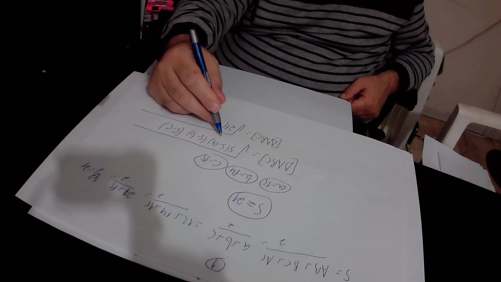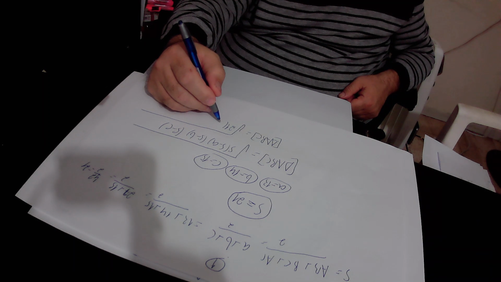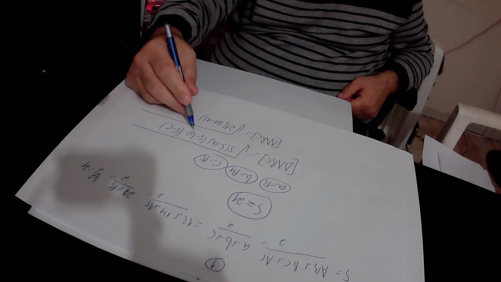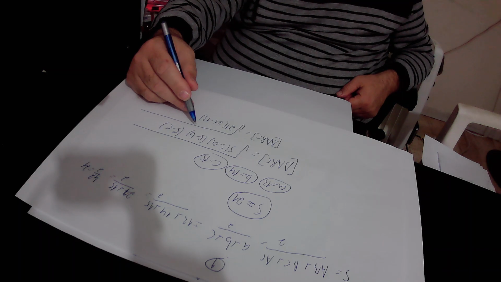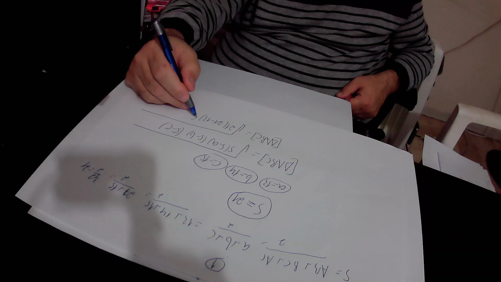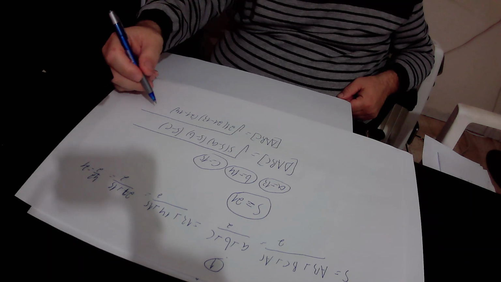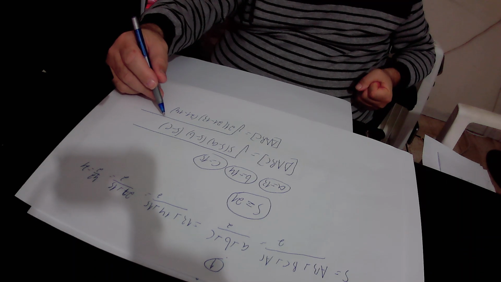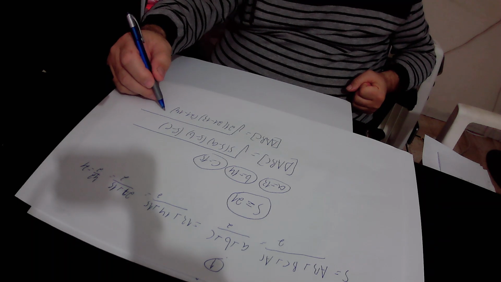Again, S is 21 and A is 13, so S minus A is 21 minus 13, times S minus B. S is 21 and B is 14, so S minus B is 21 minus 14, times S minus C. S is 21, C is 15, so S minus C is 21 minus 15.